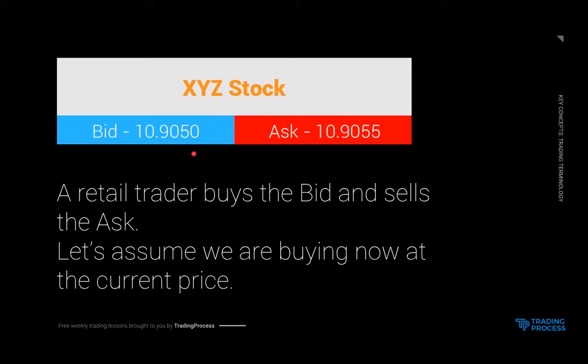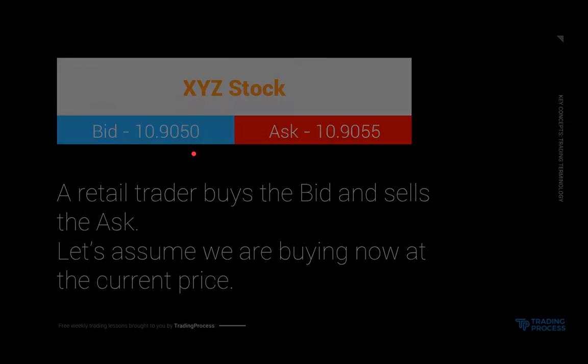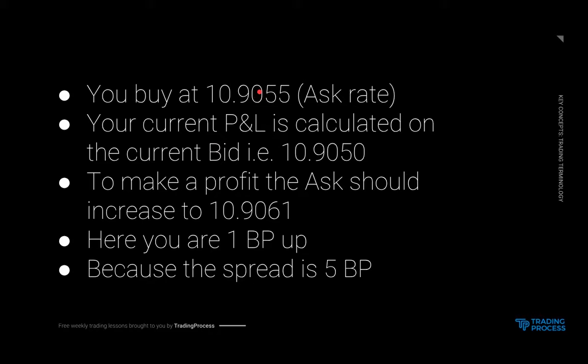In order to make it a bit clearer, I'm going to give you an example. Let's assume that we buy at 10.9055, which is the ask rate. Your current P&L, or profit and loss, is calculated on the current bid, i.e. 10.9050.